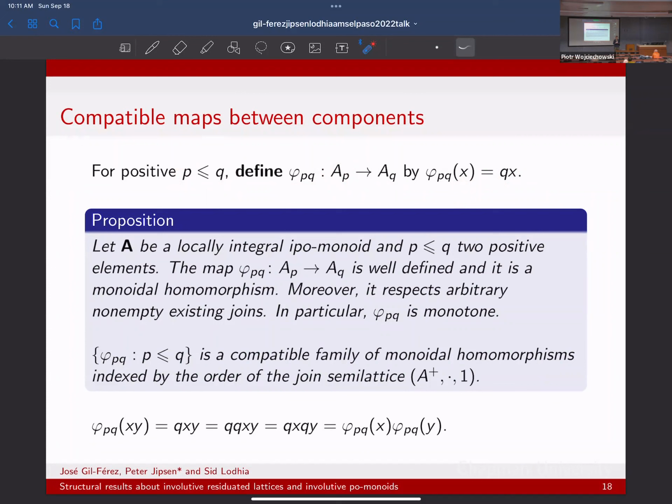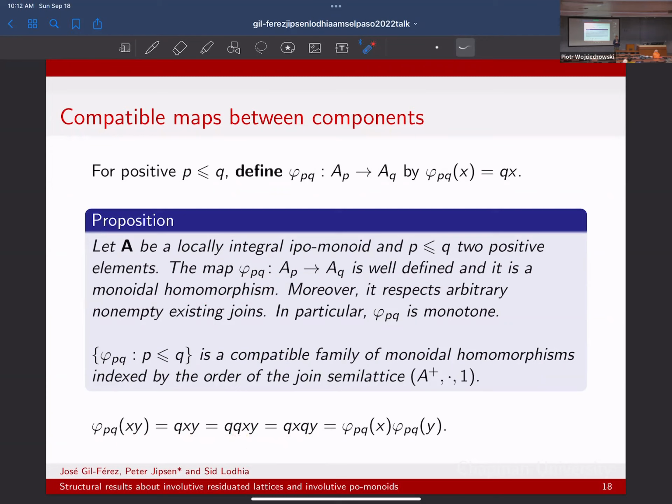And with this map, you first have to check that it is well defined and that it respects the monoid operation. To see that it respects the monoid operation is very easy, because if you have X times Y and you pre-multiply that with Q, Q is idempotent, so you get to replace it by two copies of Q. And Q is central, so you get to switch the QX in the middle, and now you have what you wanted, right?